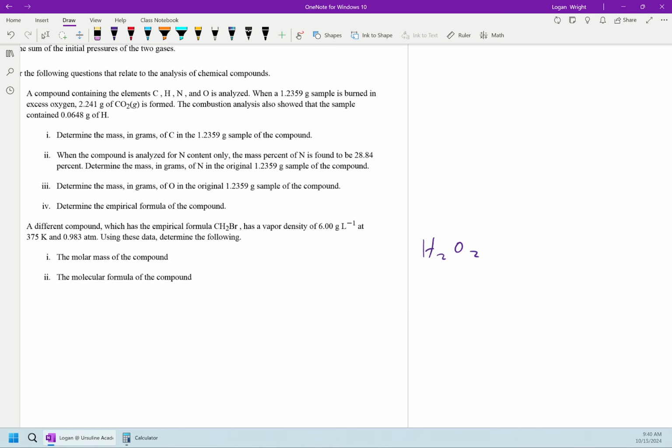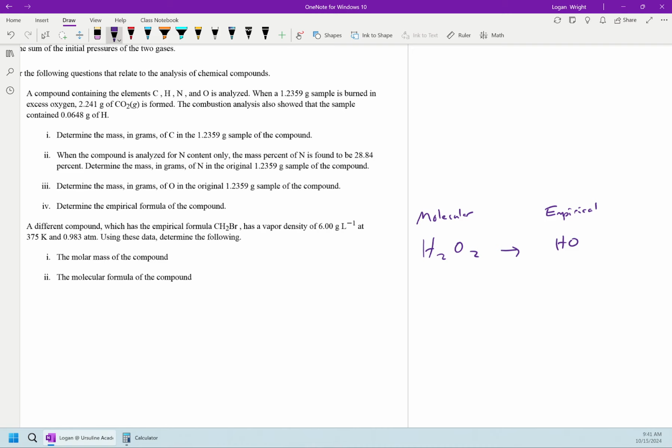An empirical formula is only showing you a ratio. So if this is the molecular formula, then the empirical formula is just HO. I've divided both by 2. The H's and the O's have a 1-to-1 relationship.